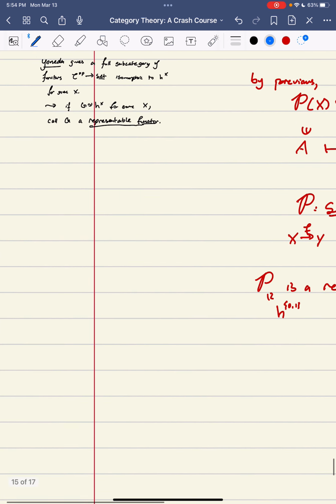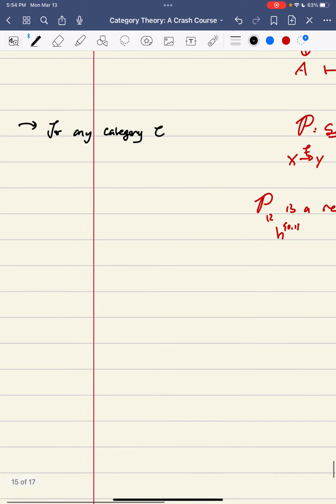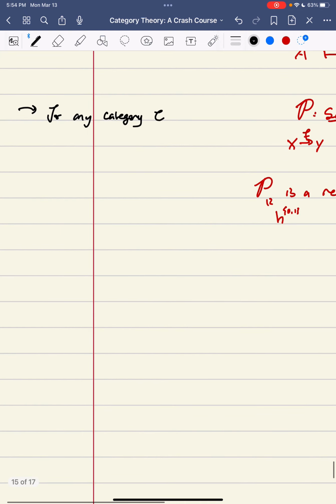In fact, the following statement is pretty cool. You can say for any category C, in fact, you want something called a small category, but that's not really that important right now. You can look at the functor, and let's say an object X in C. You can say, well, what are the subobjects of X?